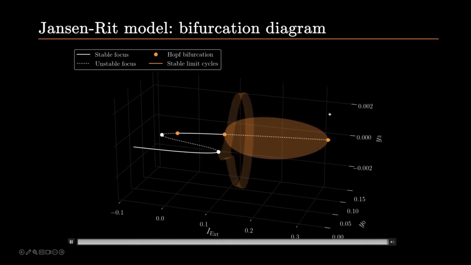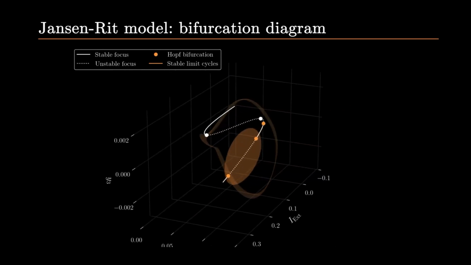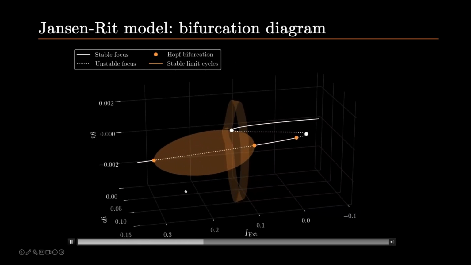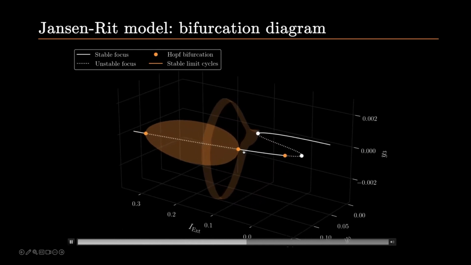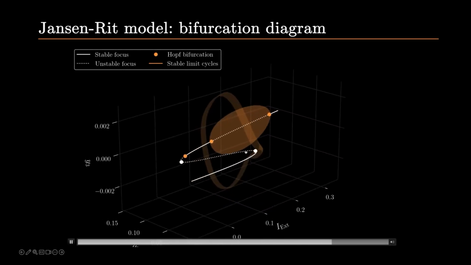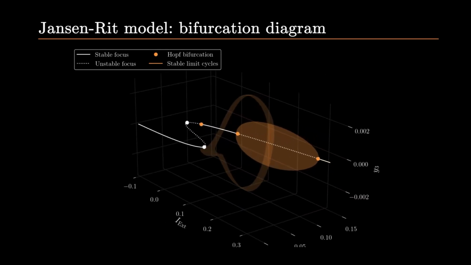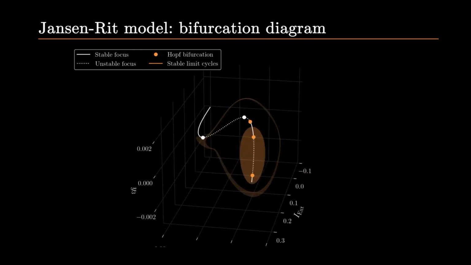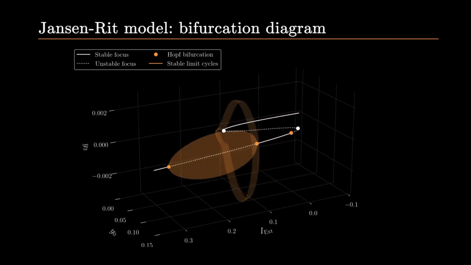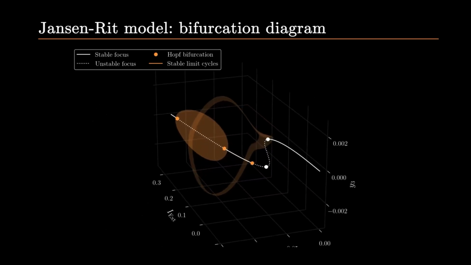We don't have only 1 class of limit cycles, these orange surfaces, but we have 2 classes of limit cycles, two families of limit cycles, sorry. We have this elongated thing, which looks like a football. This is a family of limit cycles with around 8 to 12 hertz frequency, so in the alpha band. And then we have this narrow surface with very large amplitude, which corresponds to delta band activity.